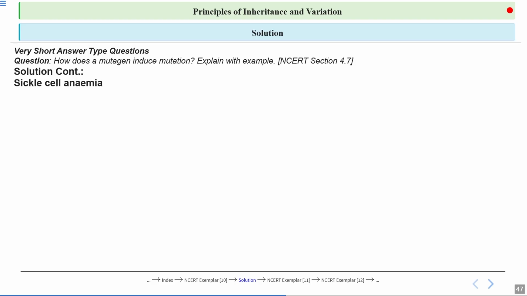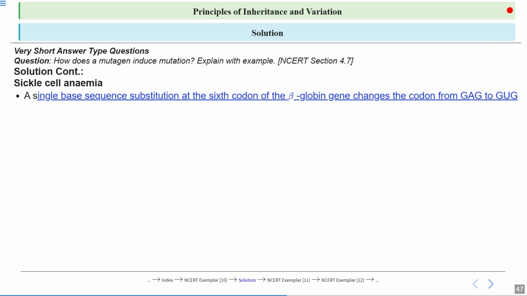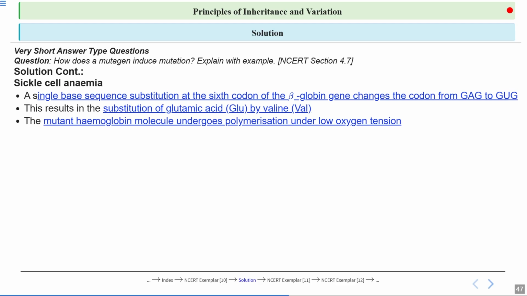Okay, sickle cell anemia is an example of point mutation. So what happens in sickle cell anemia? There is a single base pair substitution at the 6th position of the beta globin chain. And due to this, there is an amino acid substitution. Glutamic acid is replaced by valine. Clear?